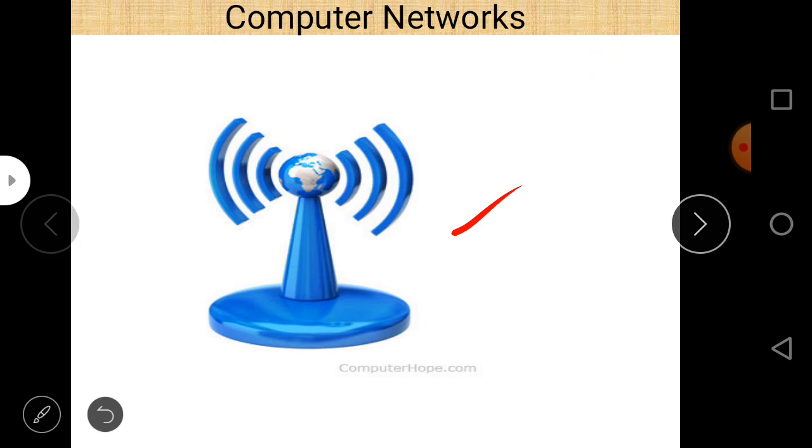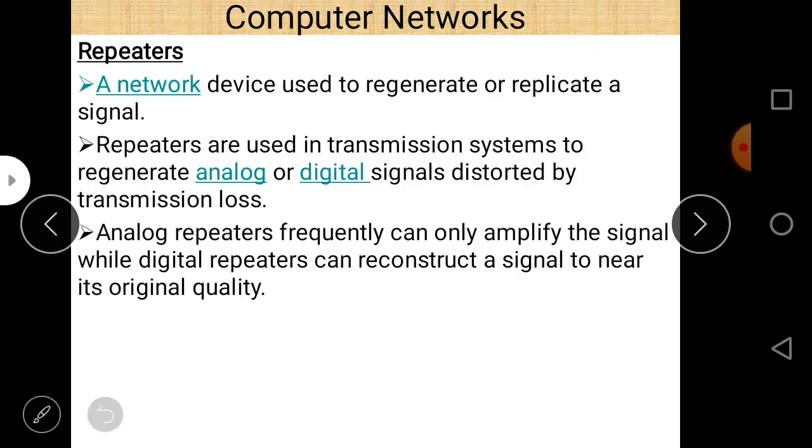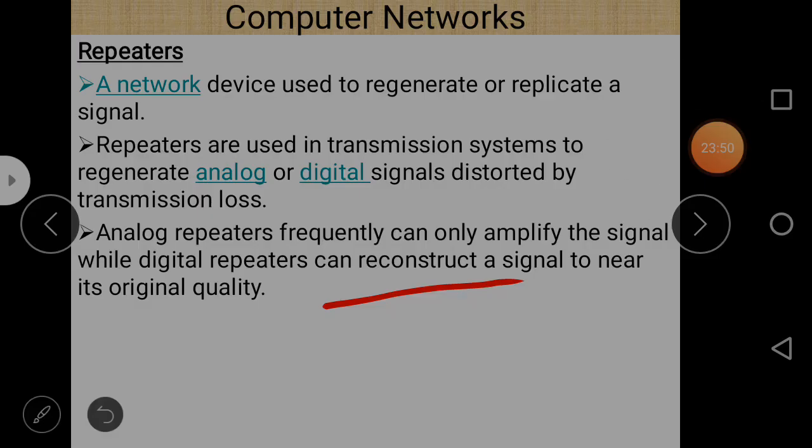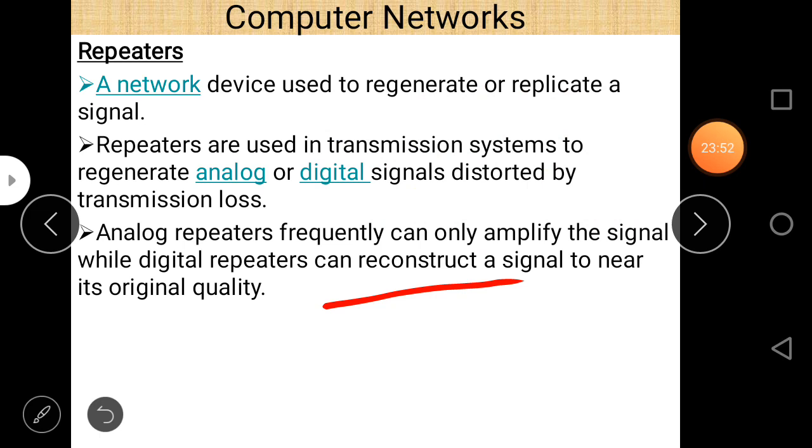So in short we can say that repeaters repeat or replicate a signal or strengthen or regenerate a signal, whether the signal is analog or digital. While analog repeaters frequently can only amplify the signal, digital repeaters can reconstruct a signal. That is very important. Digital repeaters reconstruct a signal to near its original quality. So that is the basic difference between analog repeaters and digital repeaters.